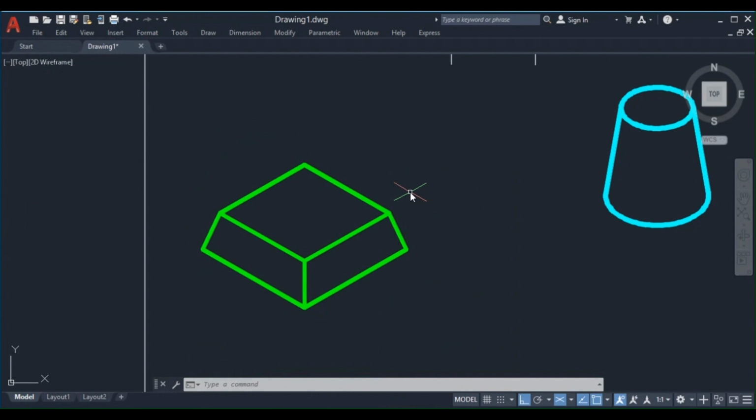The sides of the top and bottom faces are 15 mm and 30 mm respectively, and the height is 50 mm.